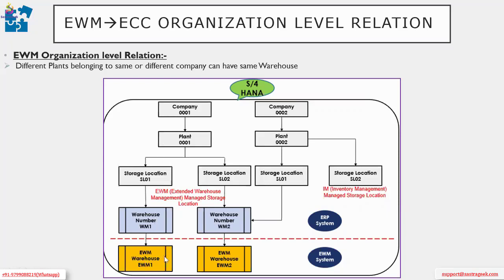Once we have created this EWM warehouse number, this warehouse number can be configured with a 3 or 4-digit number, which we normally define in the system. Now, this is what we were discussing yesterday.